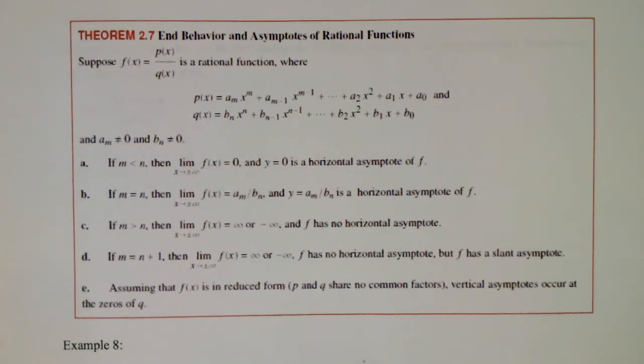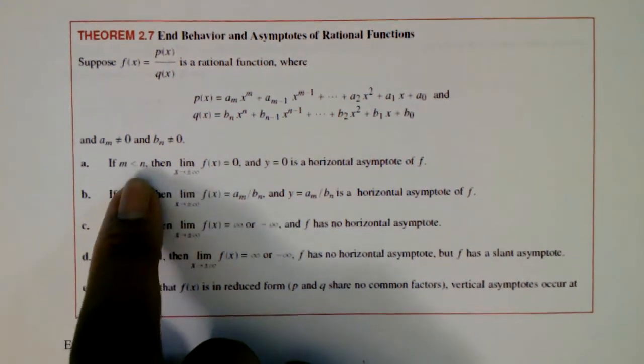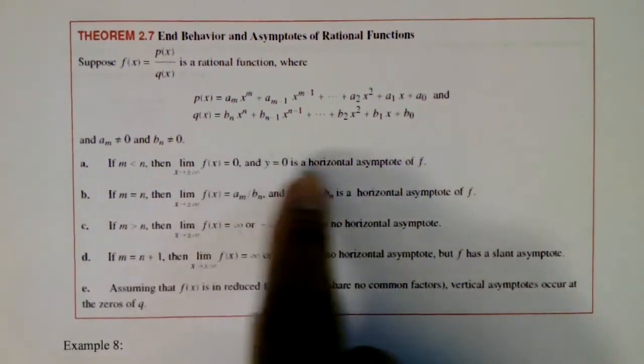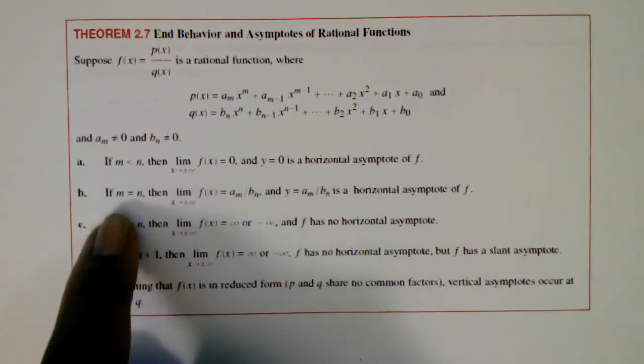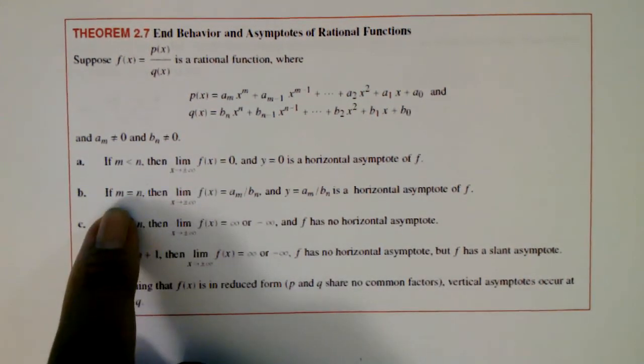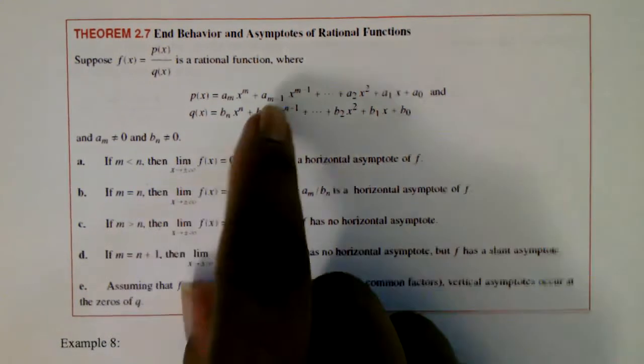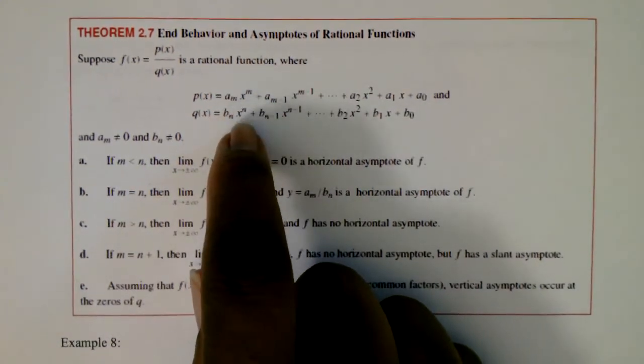In college algebra, you were just given that y equals 0. But here, when we take the limits, you're going to find out that the equation y equals 0 will be the horizontal asymptote.